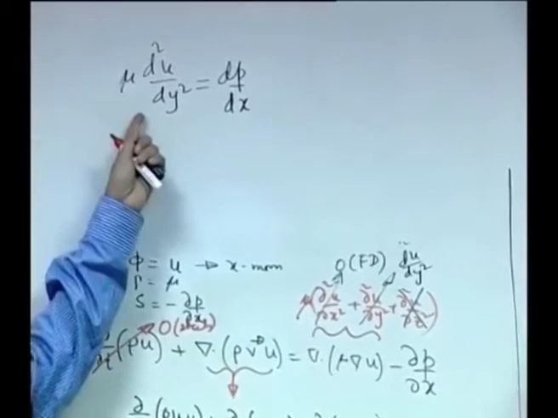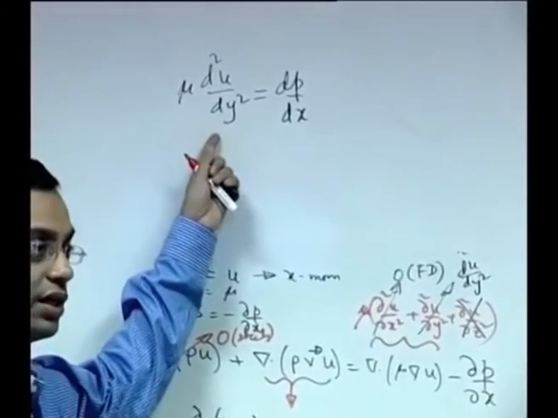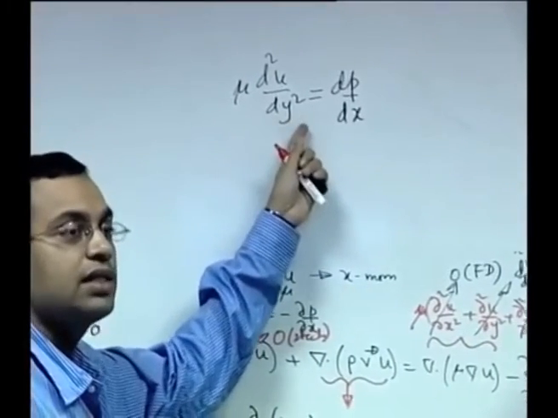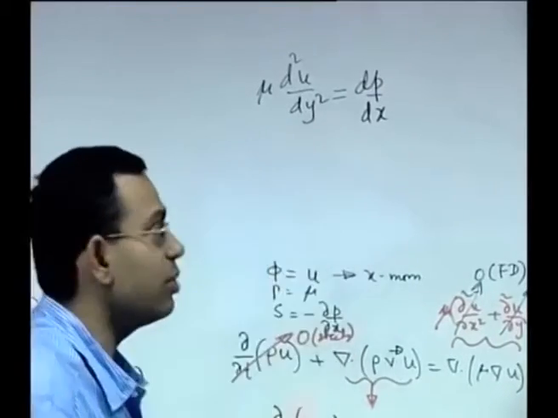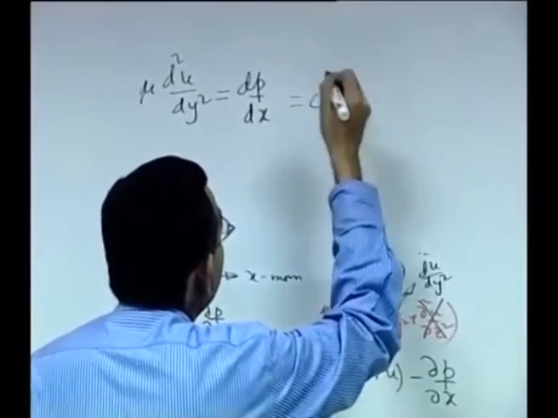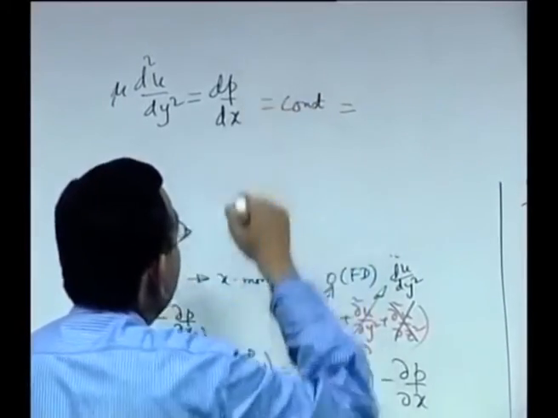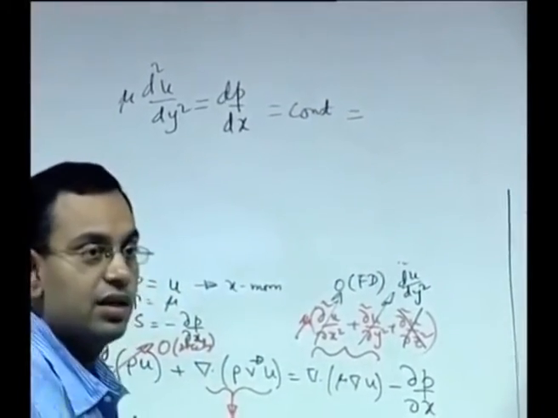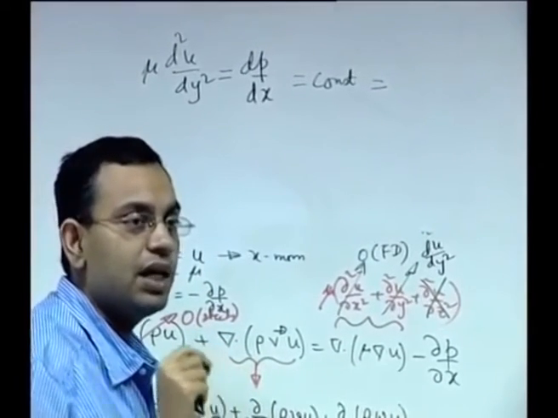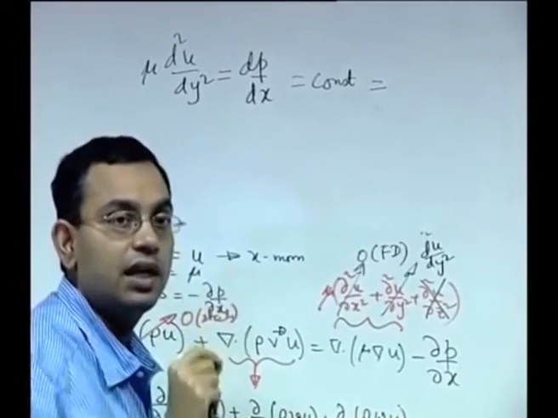Because the left hand side is a function of y only and the right hand side is a function of x only, they are equal only when each is a constant, otherwise that is not possible. So, this is equal to a constant. That means, because dp dx is a constant, you can write it as delta p by delta x, because dp dx being a constant means p versus x is linear.